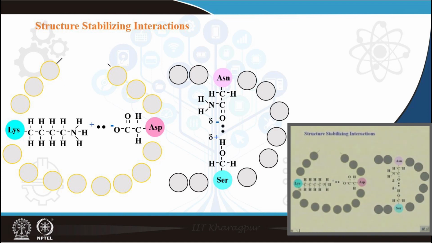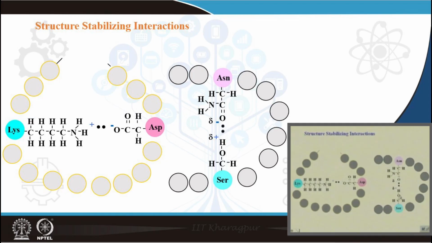Okay, what do we observe here? We observe a lysine, a basic amino acid residue, having an ionic interaction, an ion pair formation, with an aspartic acid residue. Okay, what do we see here? This is a case where you can have hydrogen bonding. We do not have ion pair formation here. But what do we have?